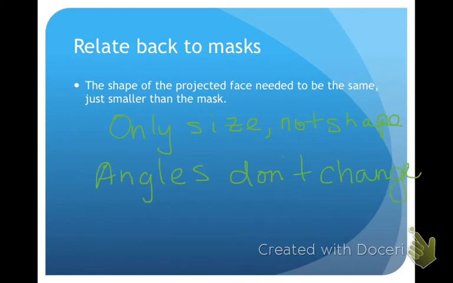And, like we just talked about, all of the lengths will be proportional. So if we had a mask where the distance between the eyes was an inch, and we held it halfway between the projector and the screen, so the screen is twice as far away, the projected image should have a distance of 2 inches between the eyes.